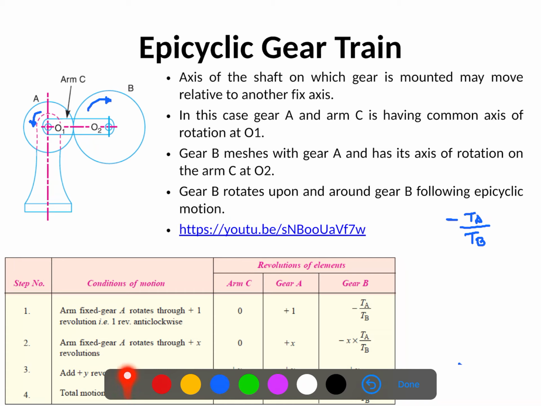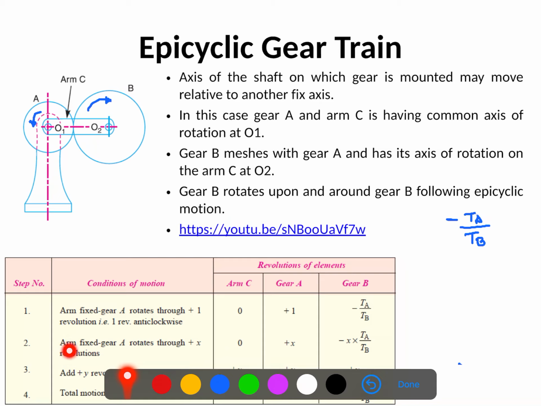So in this table I am considering arm C is fixed, that's why its rotation is 0. Gear A is making one revolution, that's why plus 1, and gear B in that case will rotate by minus Ta by Tb from the velocity ratio.